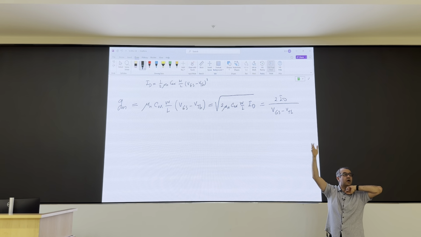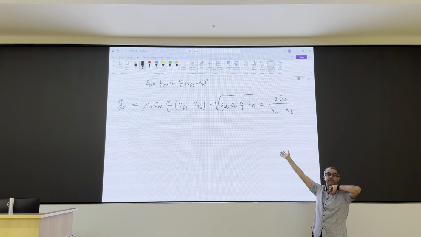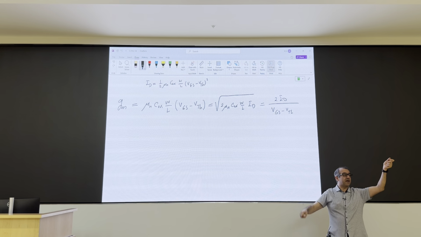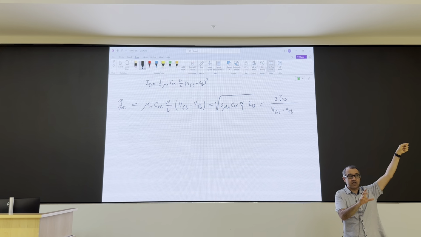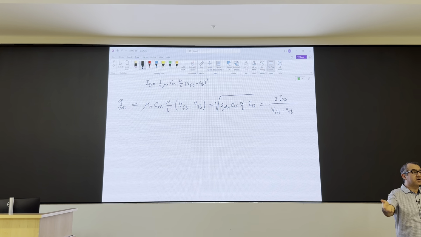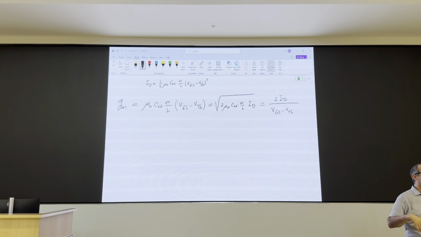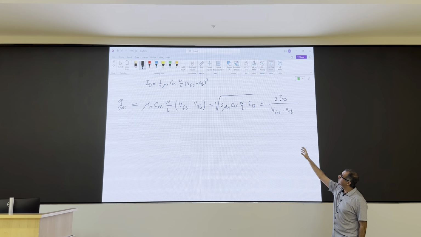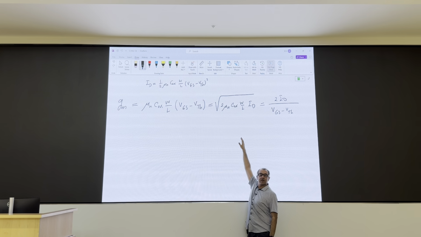If you want to have double the GM, you have to increase ID by a factor of 4. Right? So if you have a discrete device that you cannot play with its dimensions, you have to put a lot more current through it in order to get double the GM or triple the GM or things like that. So from this equation, you see why a BJT can be a better amplifier.